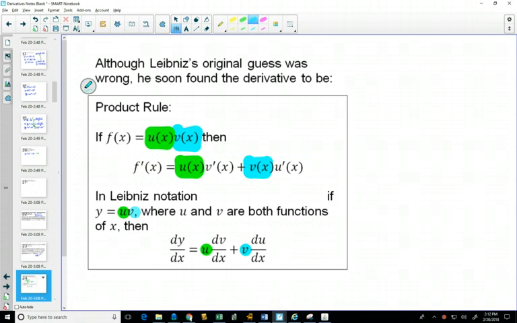Now, when you take this course in university, you're going to see a proof of this. You're going to see why this happens. What we're going to do right now is take it as a rule that we're going to be able to use and see how it works from there.